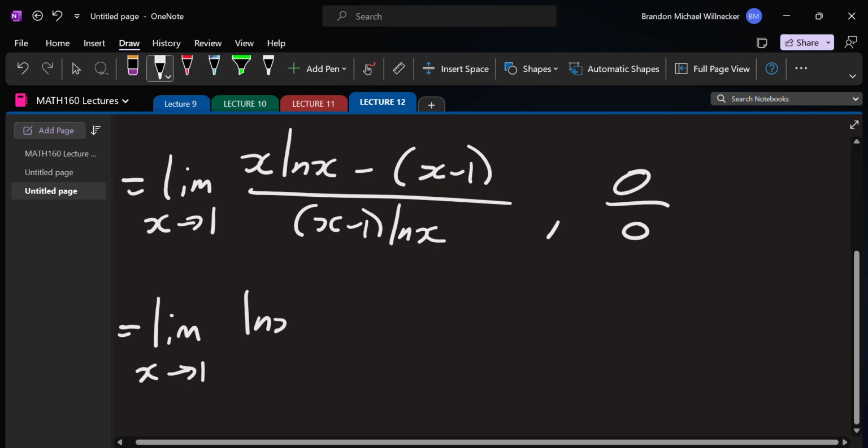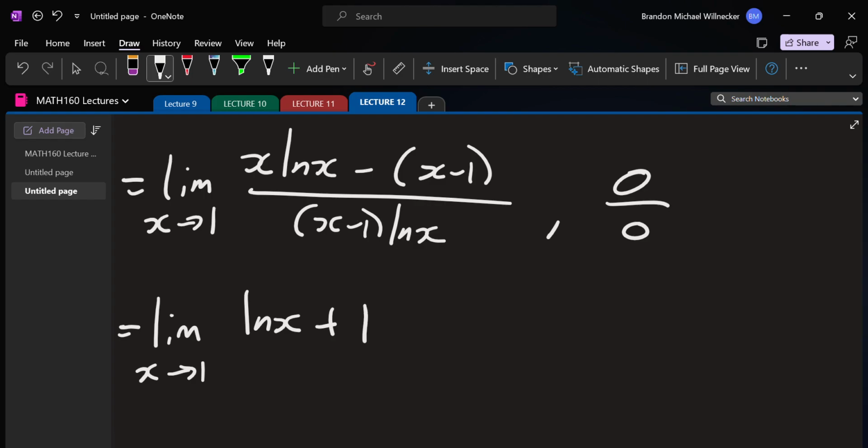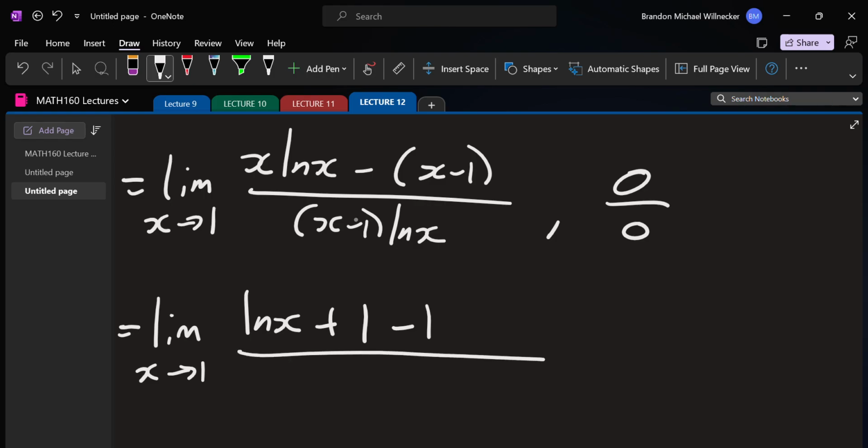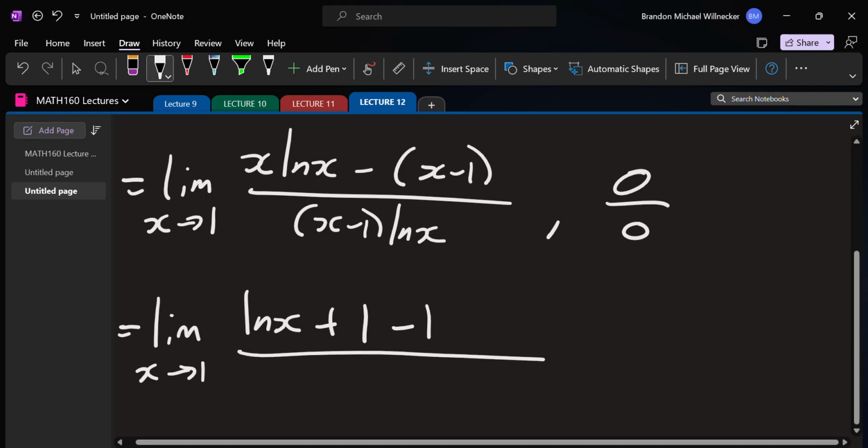That's just 1, so we end up with ln x. Plus, now for the second part, we differentiate ln x, that's going to be 1 over x, but times the x, so that's going to be plus 1. Minus x plus 1, the 1 goes away, so the derivative of minus x, that's minus 1. Okay, so that's the derivative of the top taken care of.